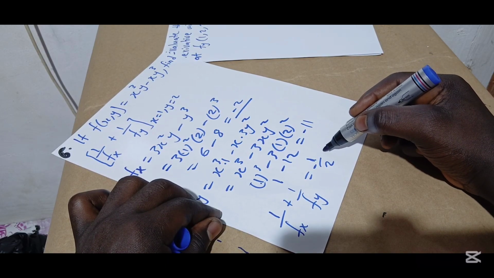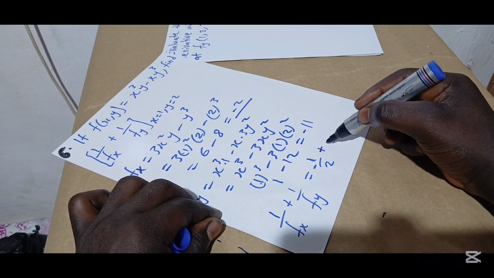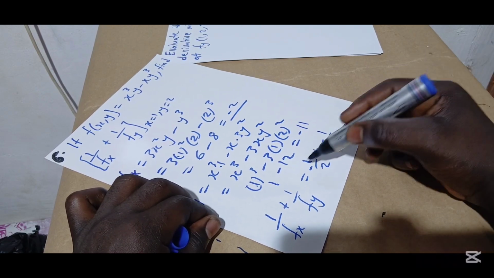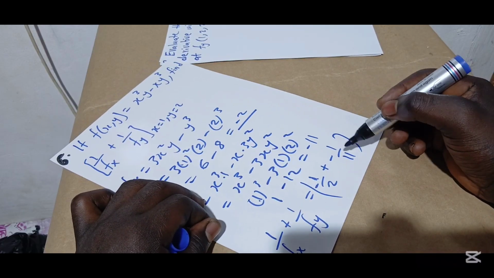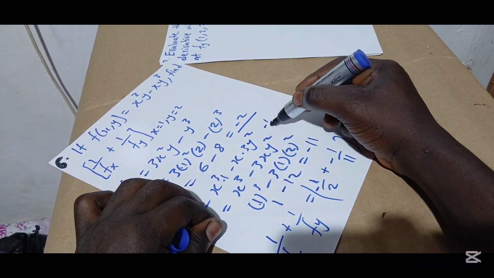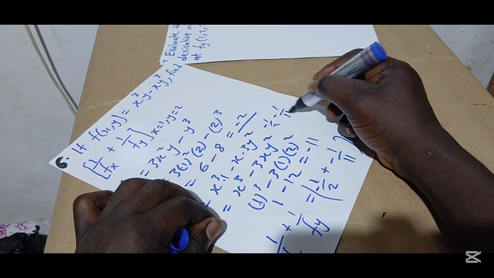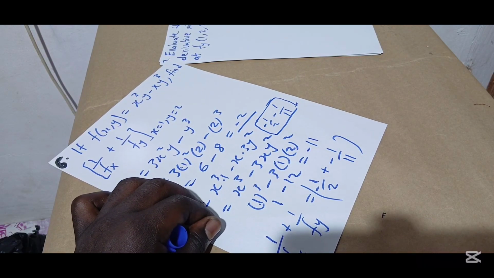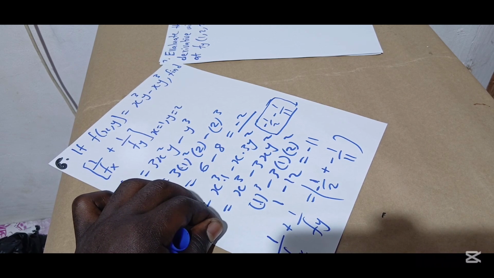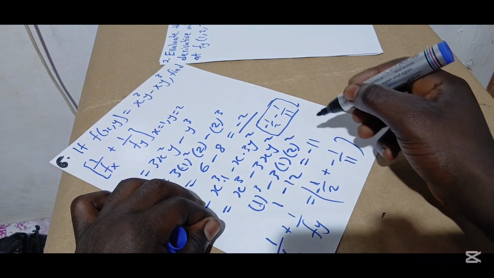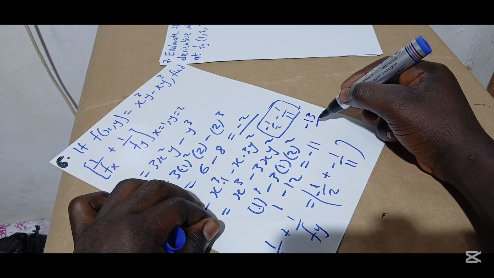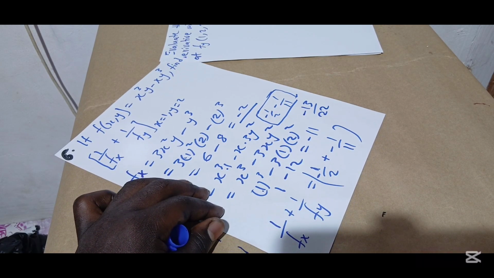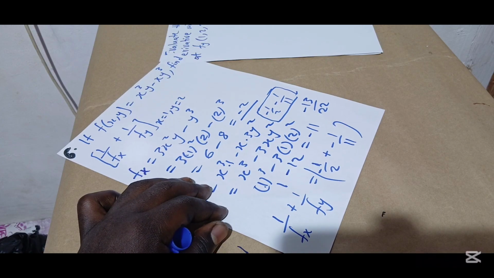So plus, but in this case minus, let me write this, 1 on 11. So in this case, the negative sign is going to dominate, right? You're going to get minus half minus 1 on 11. Let me punch this on my calculator and see what we get. This is going to give us minus 13 on 22. So that's it for this question.